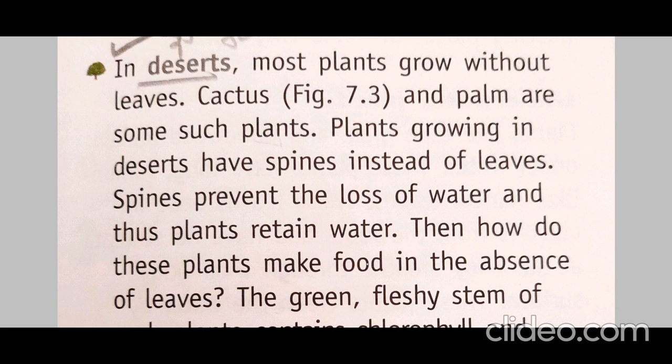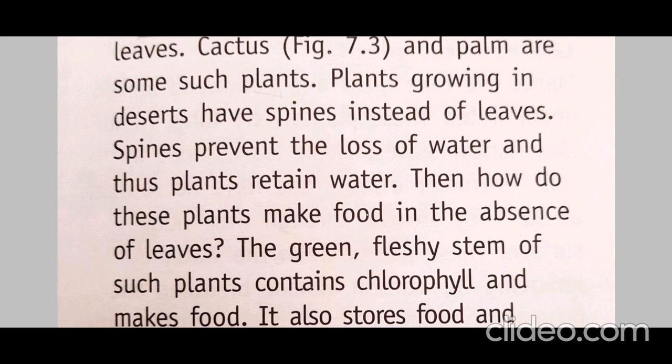The cactus plants have modified their leaves in the form of spines to reduce the loss of water through transpiration. Since cactus plants lose very little water through transpiration, they can survive in the desert on the stored water for a longer period of time.